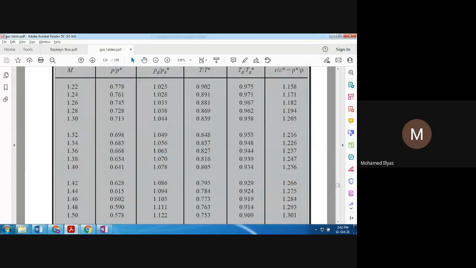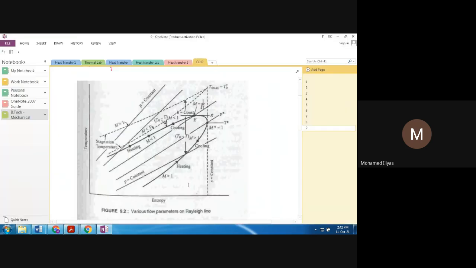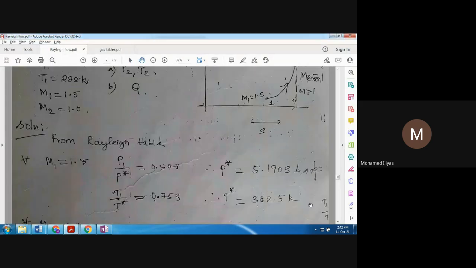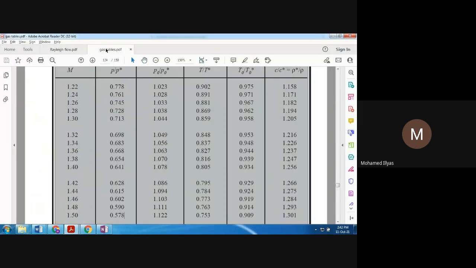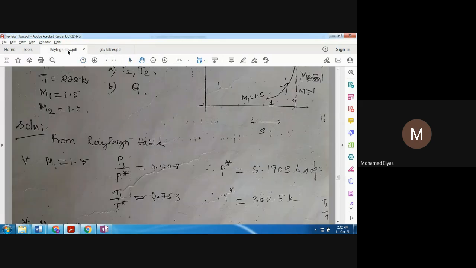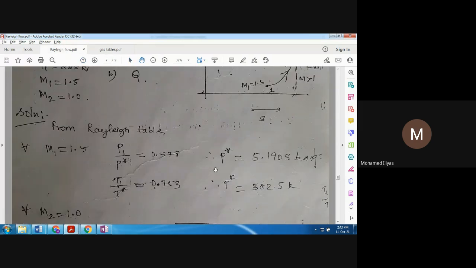For M1 equal to 1.5, P by P star is 0.528 and T by T star is 0.753.